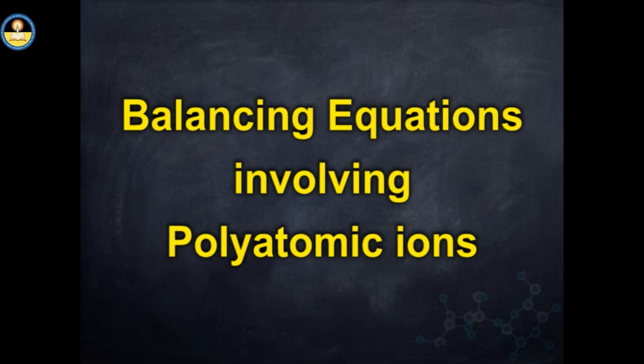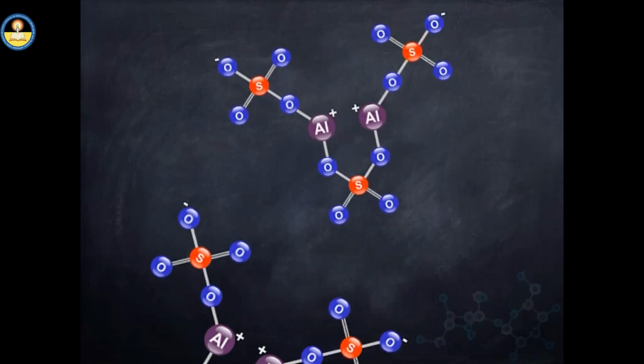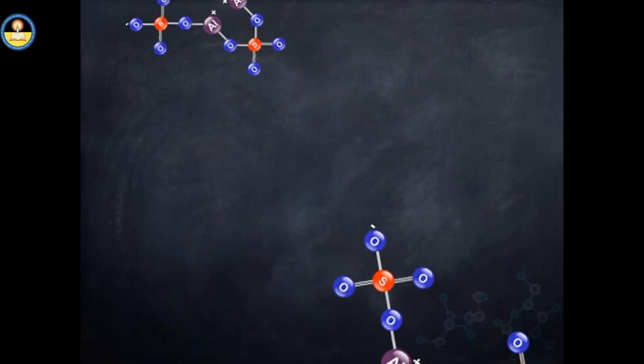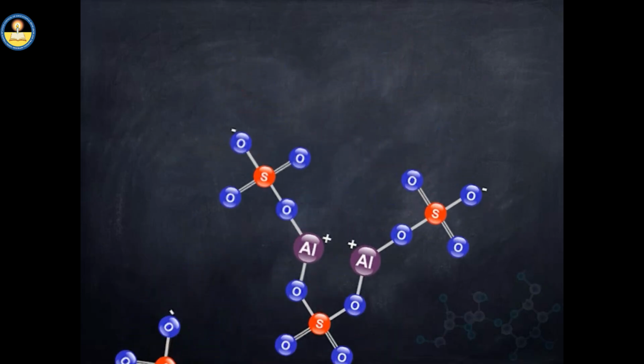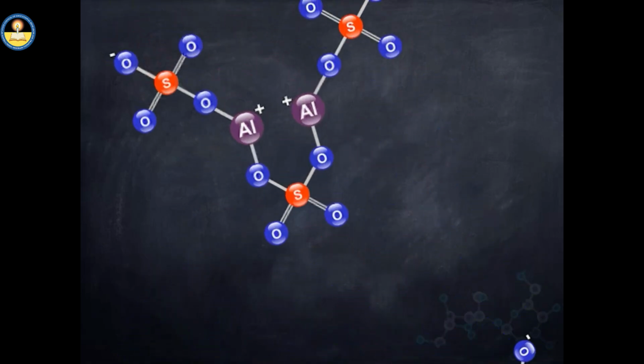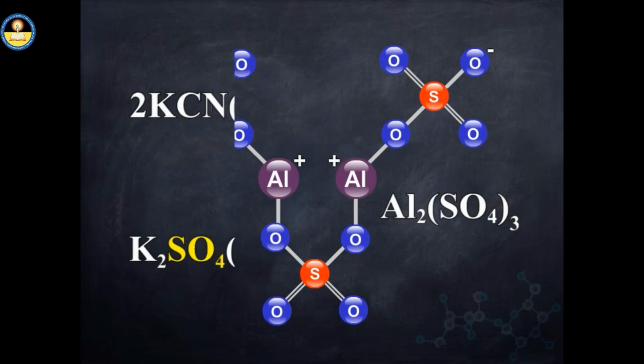Balancing equations involving polyatomic ions. Many reactions involve chemicals whose formulae include polyatomic ions, which are sometimes included in brackets like Al2(SO4)3.